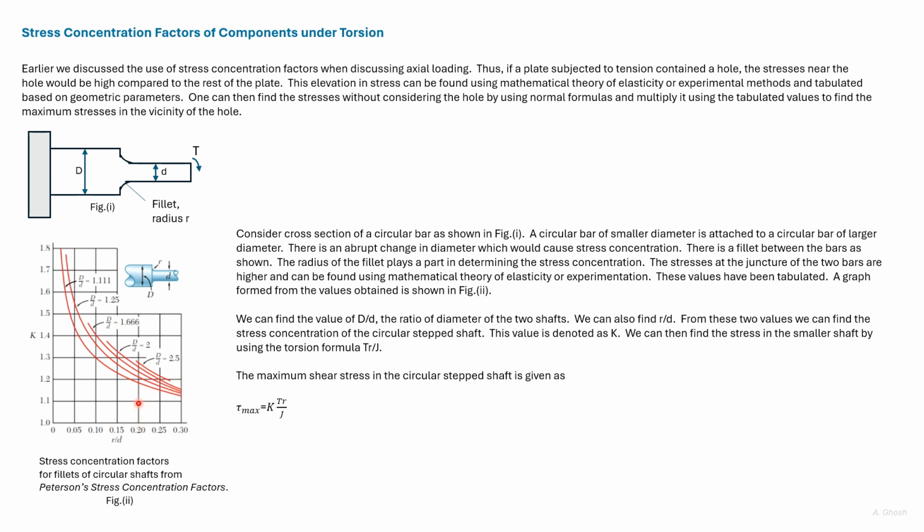Then, as we can see, the stress concentration factor is slightly higher than 1.2. To find the maximum shearing stress, we first use the formula Tr divided by J on the portion with the smaller diameter. We then multiply the stress obtained by K. This gives us the maximum stress.